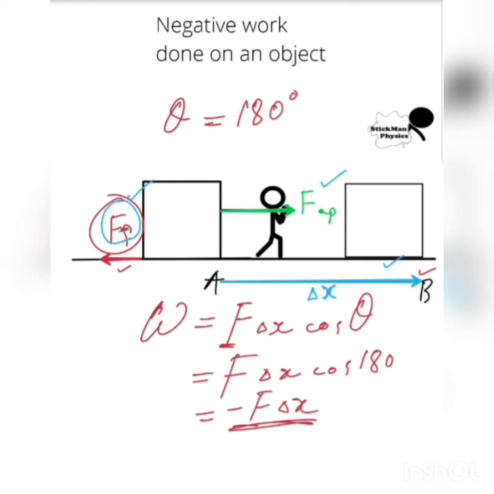It can come as some sort of heat that you'd get on the surface, or it might come as sound energy. And again, let's emphasize: the negative work decreases the energy in the system, meaning the energy is removed out of the system.